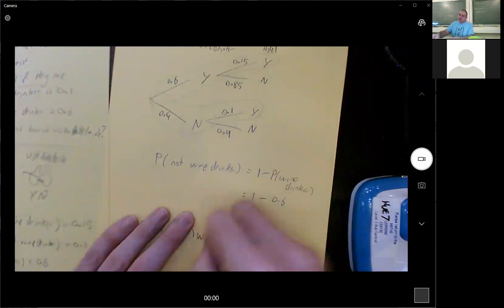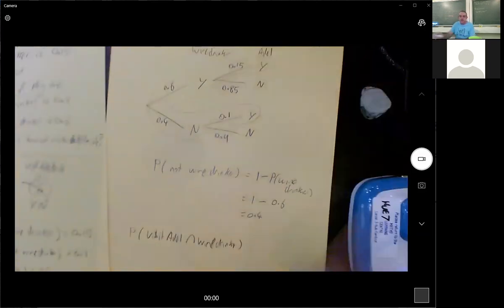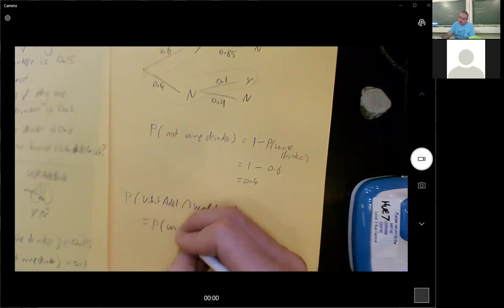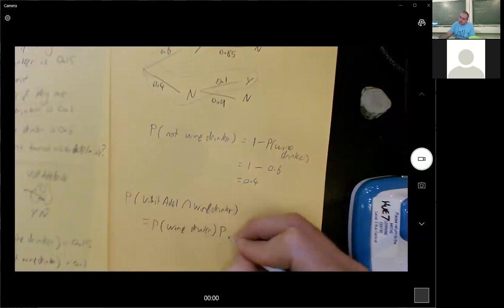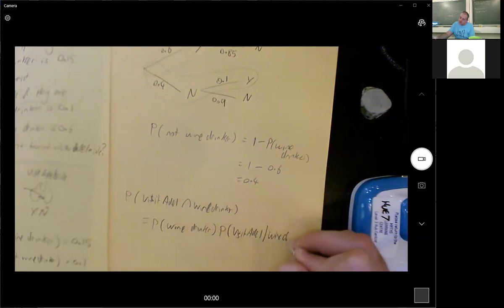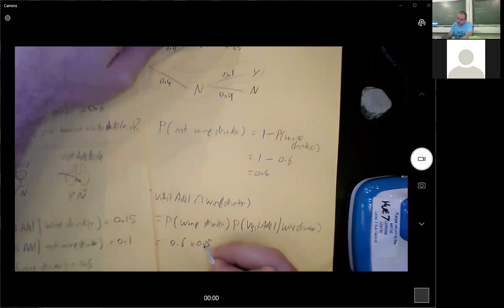So this is not given that you're a wine drinker, it's just randomly picking a person who happens to both visit Adelaide and be a wine drinker. And this should be first the probability of being a wine drinker, then the probability of visiting Adelaide given that you're a wine drinker, which will be 0.6 here times 0.15 there.